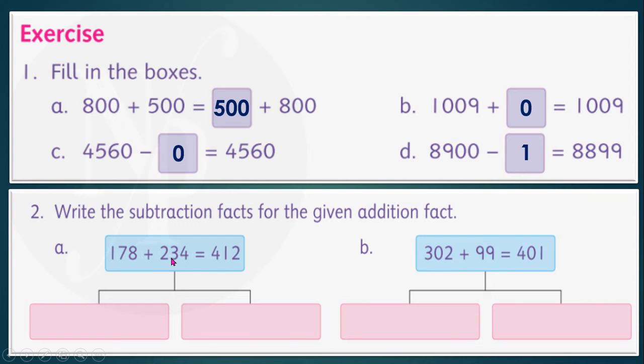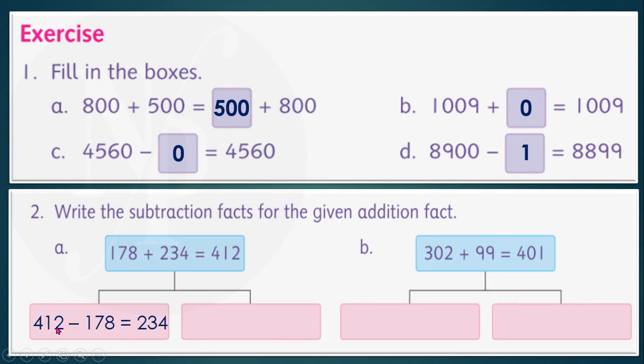If you add these two numbers, you will get 412 as sum. And if you subtract any one of these numbers which you are adding from 412, you will get the other number, which is called the subtraction fact of this addition fact.